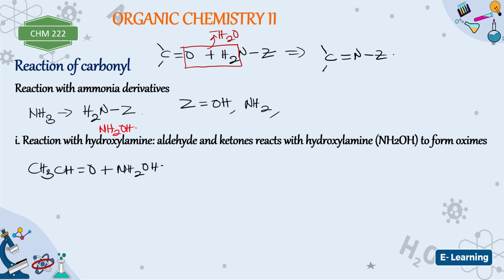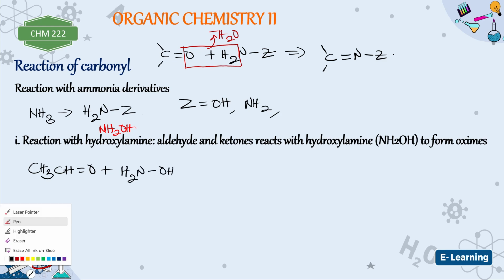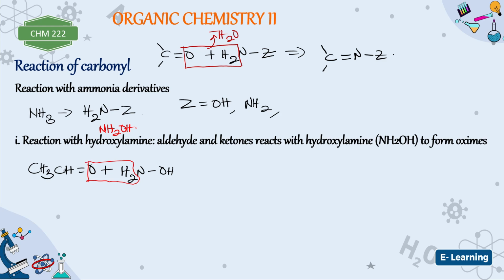So the product for this particular one, I can write hydroxylamine like this, but if you want to write it the normal way for this mechanism, you have to write it as H2N and then OH. It's still the same thing. So based on what we have just done, we say the general mechanism is a situation where this one will combine with water, and then water will be given off.